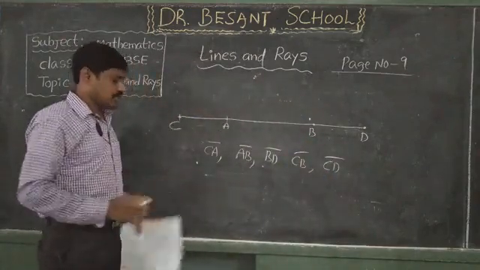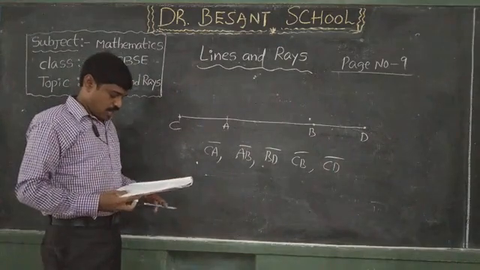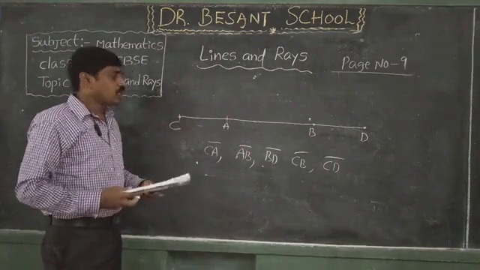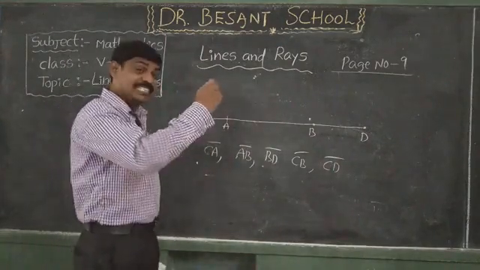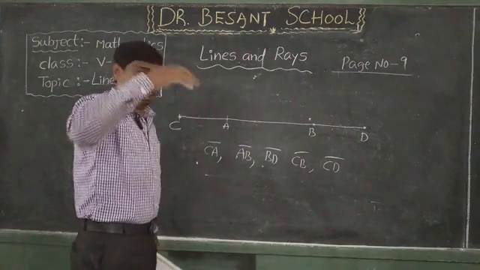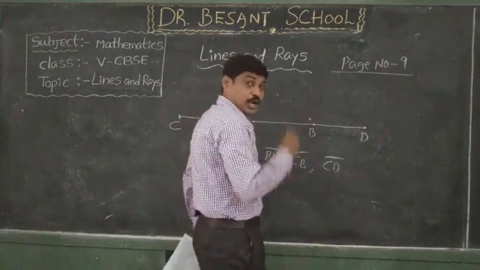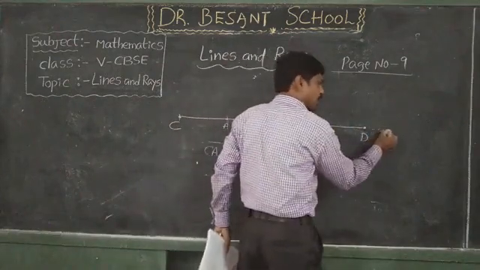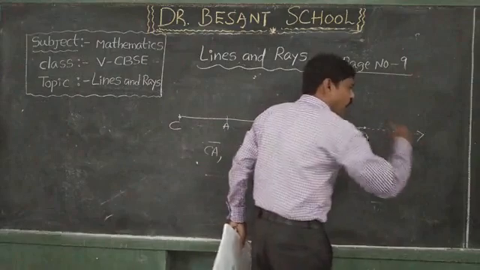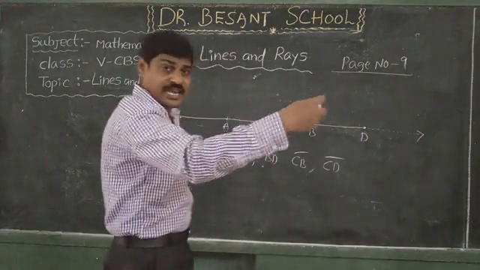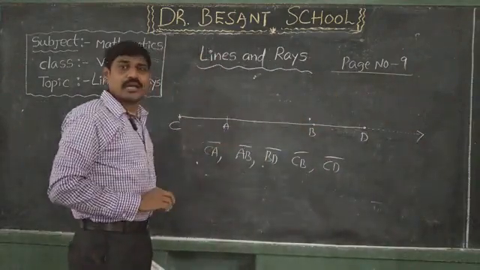Suppose we extend indefinitely, suppose I extend it up to D. Now I am extending continuously, indefinitely. How much can I extend on the left-hand and right-hand side? I don't know.